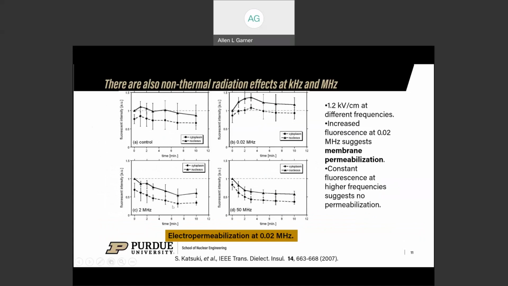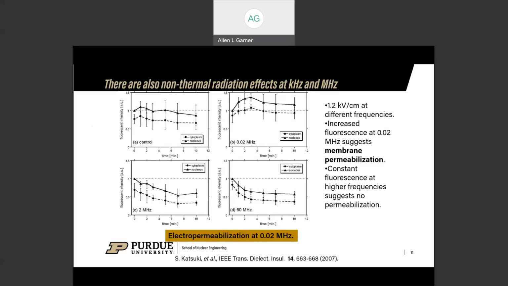This is some work done by a former ODU colleague, Sunao Katsuki from Japan, where he looked at three frequencies: 0.02 megahertz, 2 megahertz, and 50 megahertz. He looked at staining inside the cytoplasm and inside the nucleus. What he's trying to show is, for different frequencies, where are the effects concentrated?